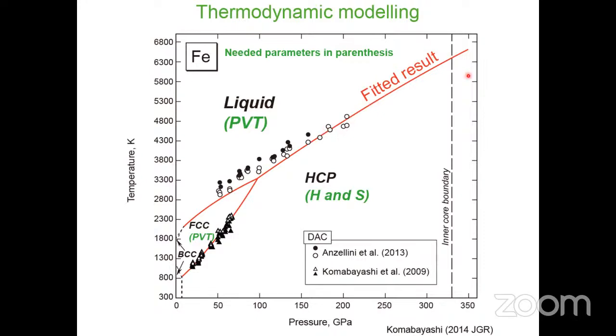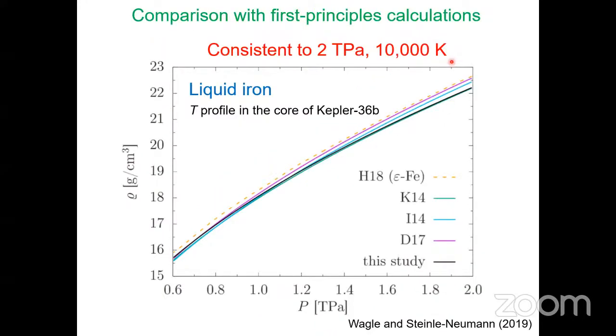According to this, the melting point of iron at the inner core boundary is 6,300 Kelvin. That's how we constrained the equation of state for the liquid in order to discuss the composition of the outer core.